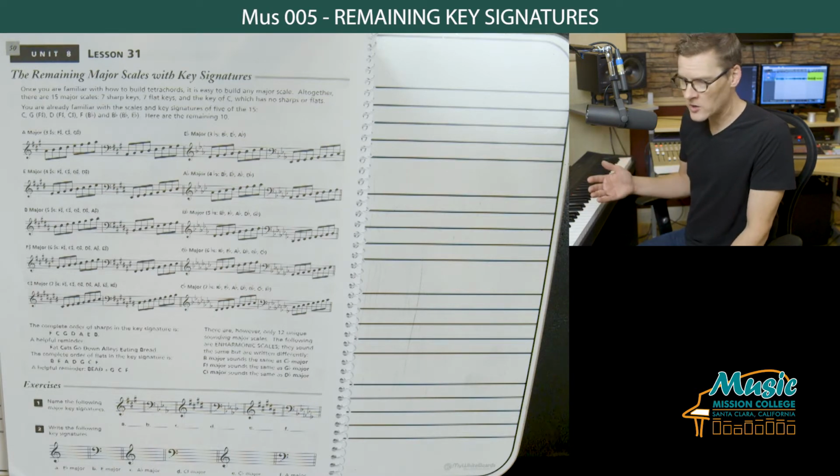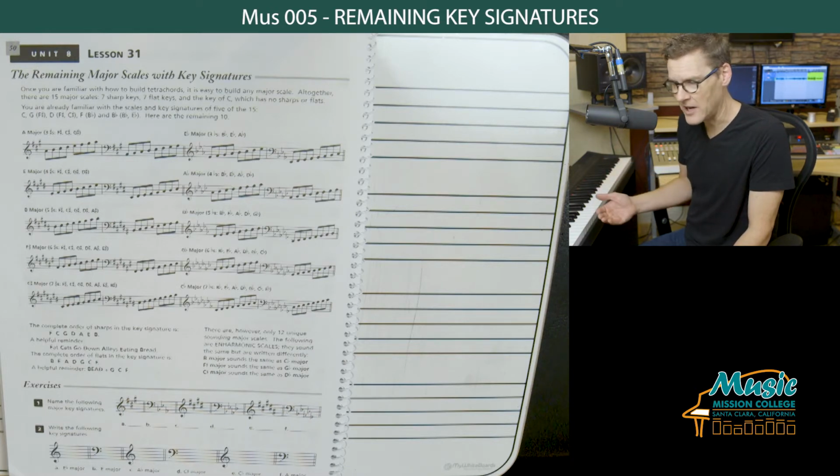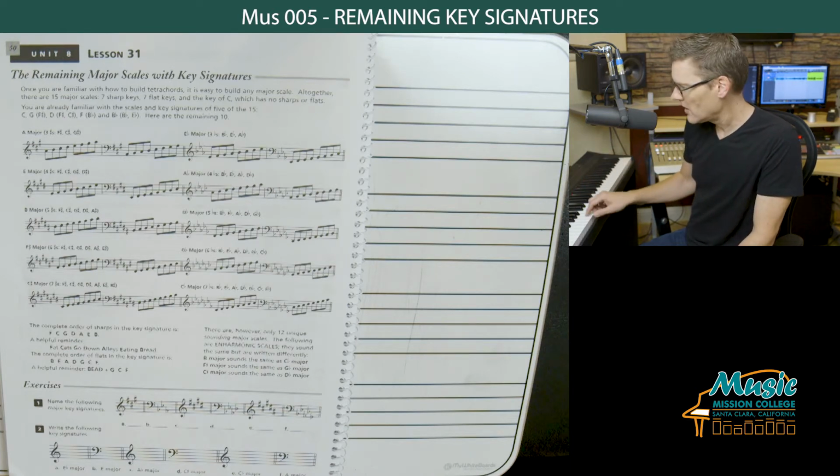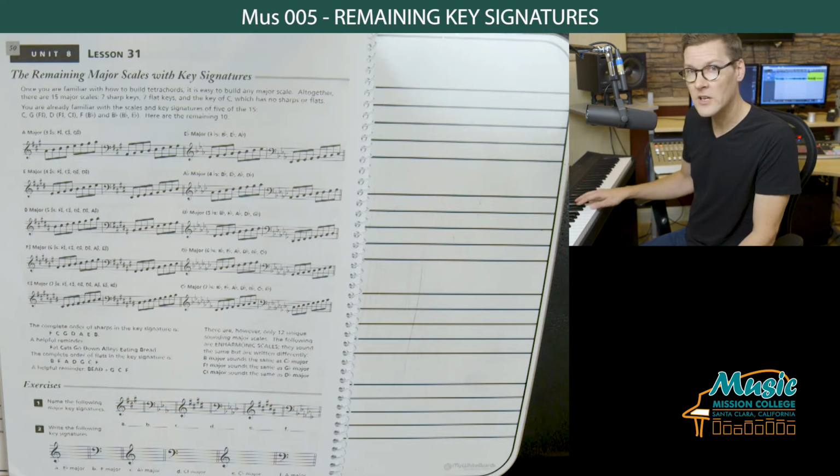And because we know that the pattern whole, whole, half, whole, whole, whole, half, when applied to any starting note, always gives us a major scale, that means that if I play that pattern starting on a C, we get C major. If I start on a C sharp and follow the same pattern, we get C sharp major.